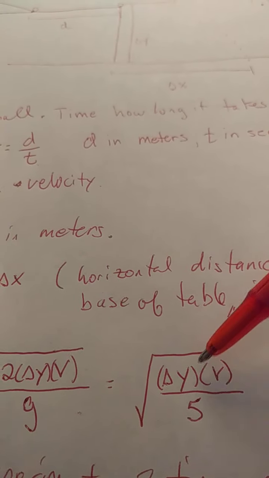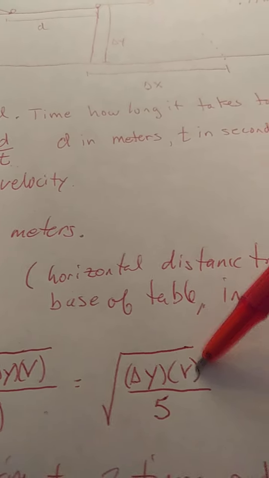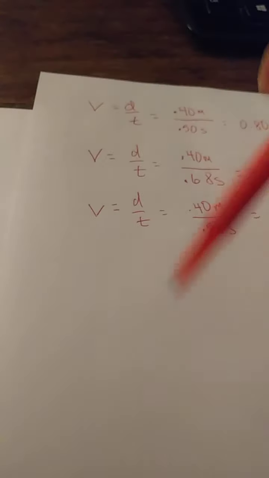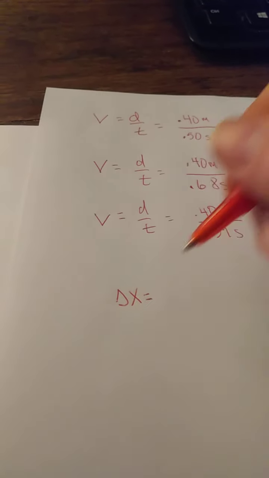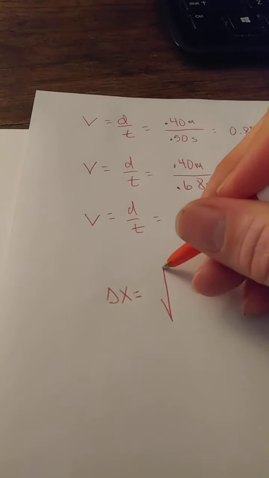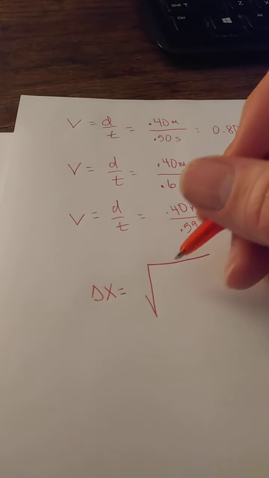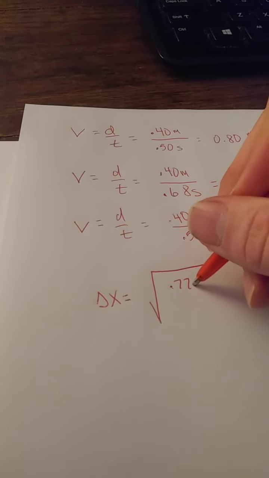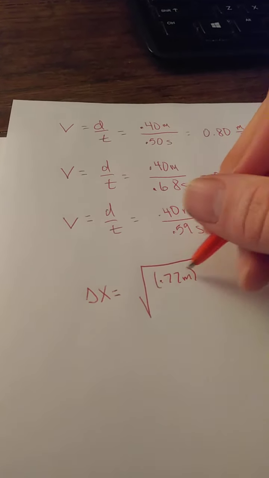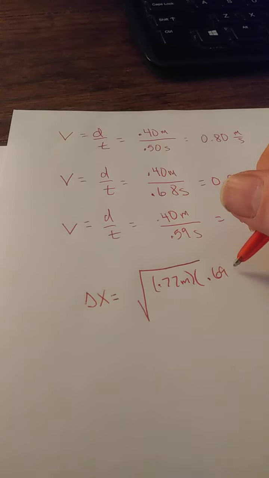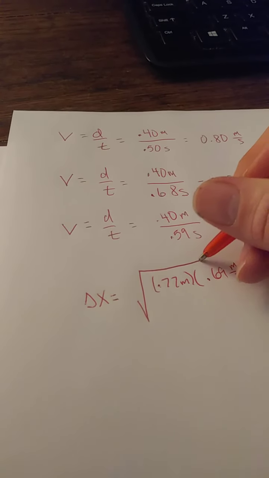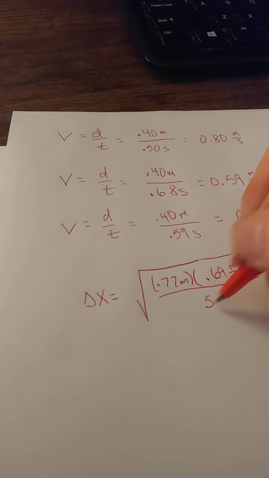Delta Y, that's my average V. So I'll do that step. Okay, so delta Y, 0.77 times my average V, divided by 5.